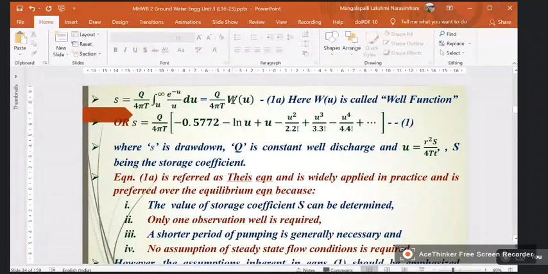If you keep the well function for the time being away, in this expression Q is the known value of discharge and T is the known value of the transmissivity coefficient, and W(u) is the well function, which we can calculate by two methods.